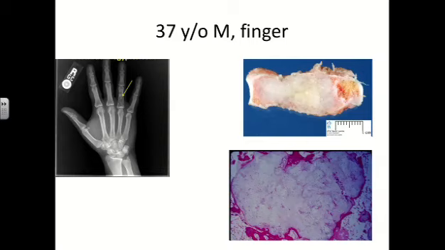Next group. What do you think this patient has? We said enchondroma. Excellent. And so this actually already points to the lesion here in the bone.